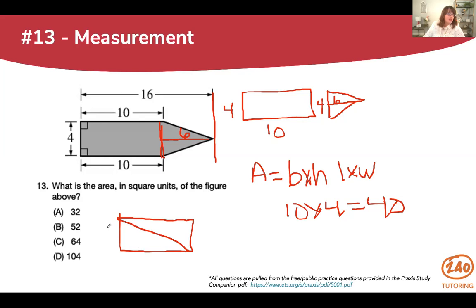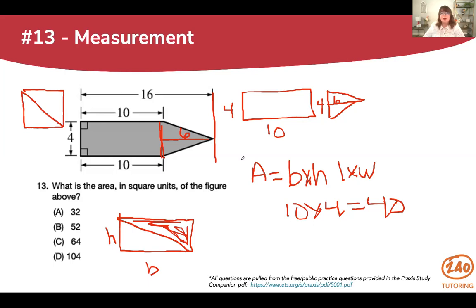So if I find the area of the rectangle by multiplying length times width or base times height, I can do the same thing and just split it in half to find the area of one of these triangles. So if you can remember that, it works for squares too. If I draw, I'm going to attempt to draw a square, and I split it with a diagonal line, I get two triangles.